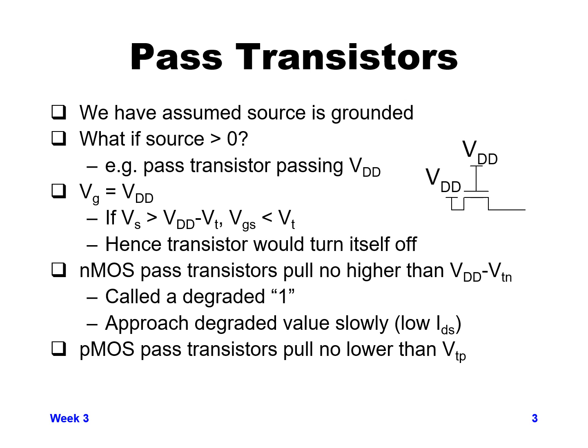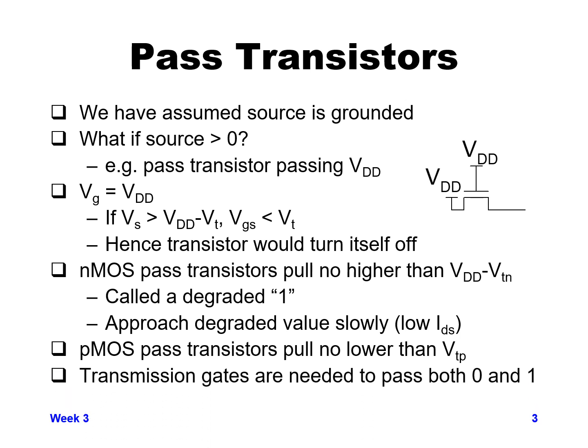So in effect, the NMOS transistor as a pass transistor can't pull any higher than one threshold voltage below VDD. VDD minus VT is the highest it pulls up to before it turns itself off. While it's trying to pull all the way to VDD, it can't get there. It's still considered a high voltage value, so it's considered a logic value 1, but it's a degraded one.